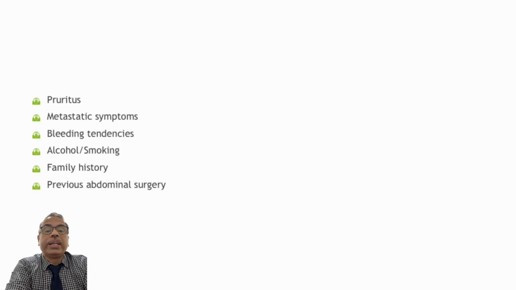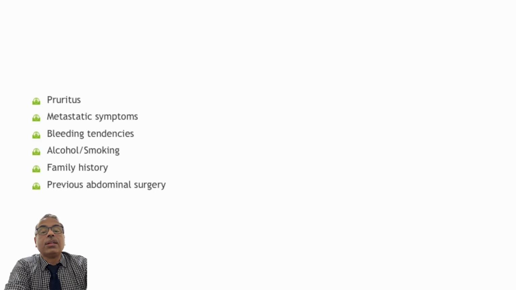Patient may also have pruritus. This is one of the most troublesome symptoms in obstructive jaundice, and it is quite worse at night, as most of the patients would describe. Why does this pruritus occur? It occurs because of deposition of bile salts in the dermis of the skin. When these bile salts get deposited in the dermis, it causes two important effects.